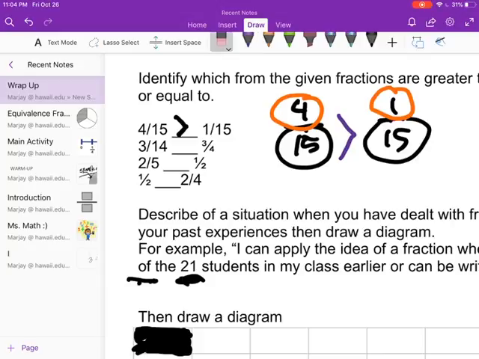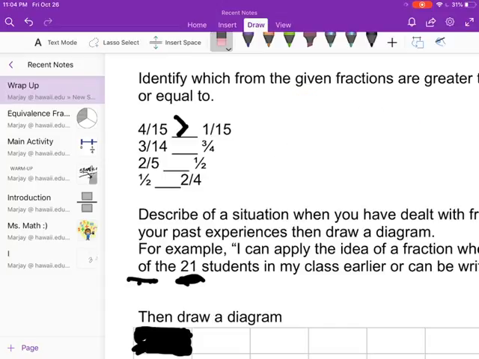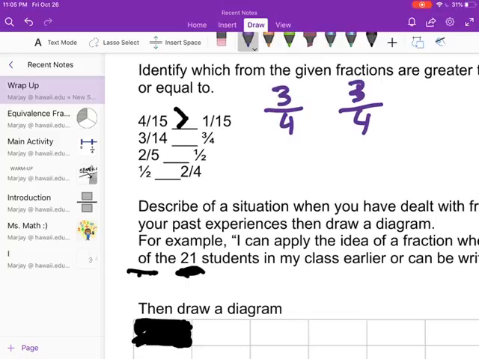And what about 3/14 and 3/4? Which one is... let's first make sure that they have the same denominator. So 3/14 and 3/4.